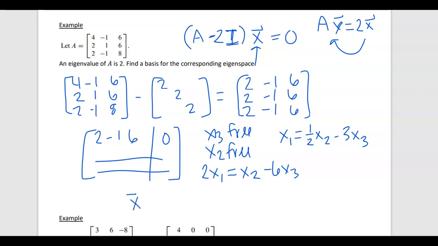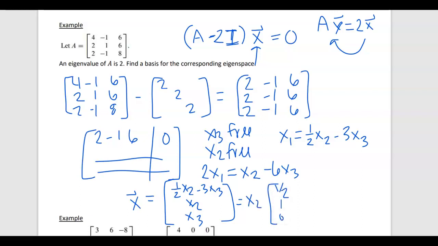All right, so let's write our solution vector for that space. 1/2 x2 minus 3x3, x2, x3 is my solution vector. If I factor out an x2, I get 1/2, 1, 0. Plus, if I take out the x3 and write that corresponding vector, I get negative 3, 0, 1. And it just so happens when we're doing these, it doesn't matter if you wanted to go ahead and scale this by 2 so that you don't have a fraction in there.